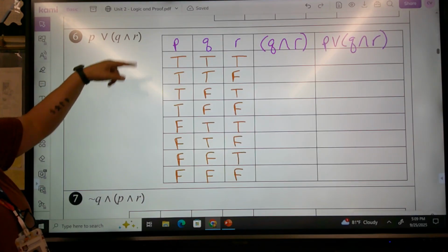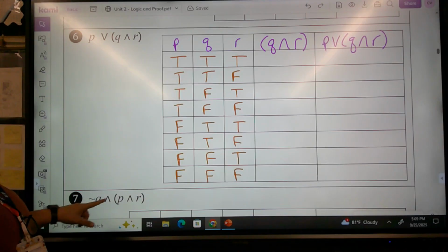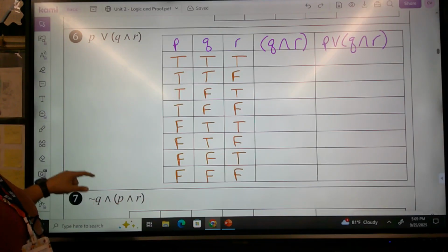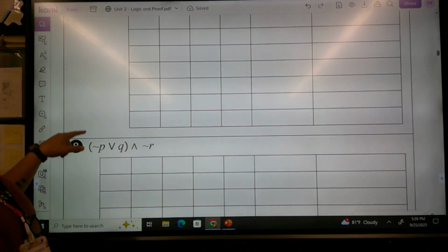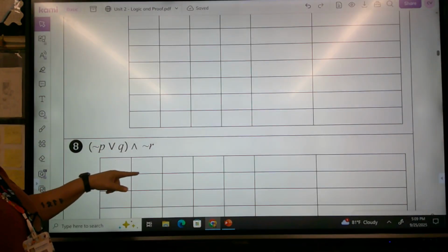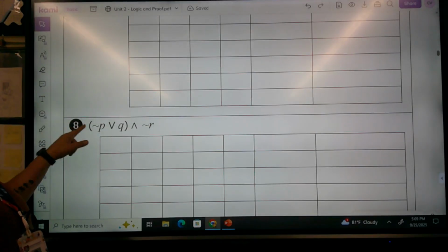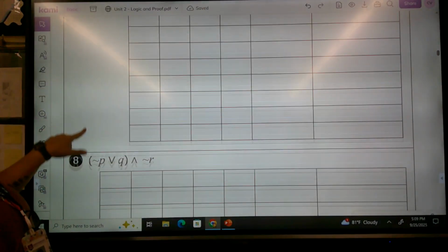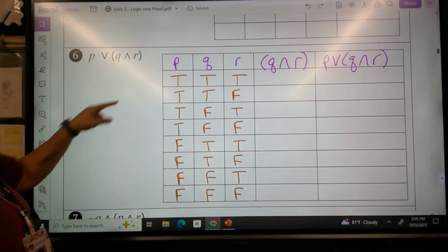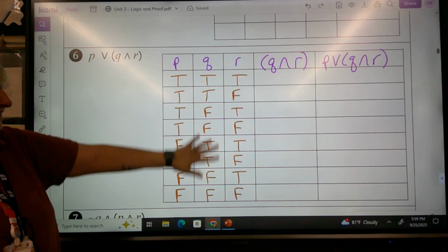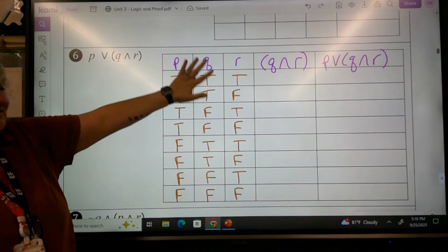Just make sure you're using the correct statement letters. This one is QPR. This one is PQR. This one has a negation. This one has 2 negations. Just be careful is all I'm saying. But the pattern in the beginning is the same. You have 3 statements. This is the pattern.